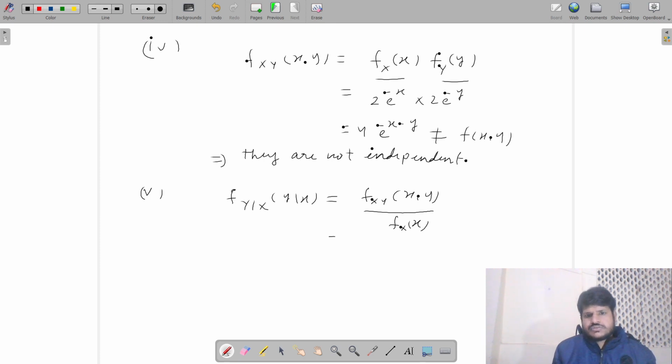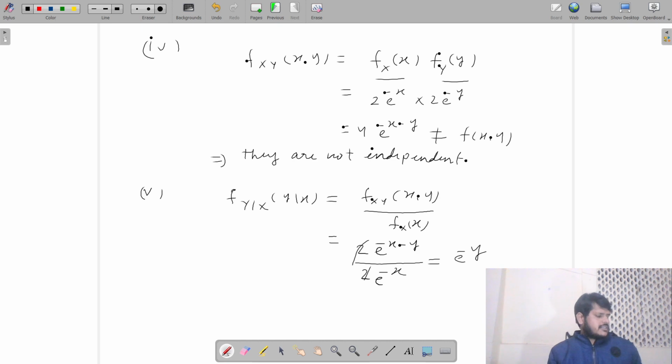So this is 2 times e raised to power minus x minus y upon 2 times e raised to power minus x. So this one cancels. Also one important thing I want to tell you, we have only here e raised to power minus y.